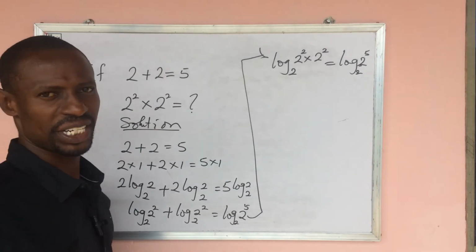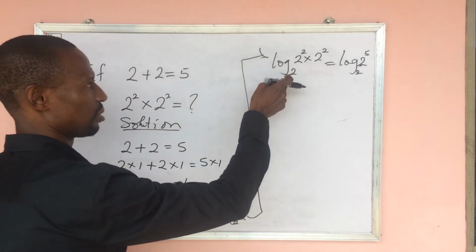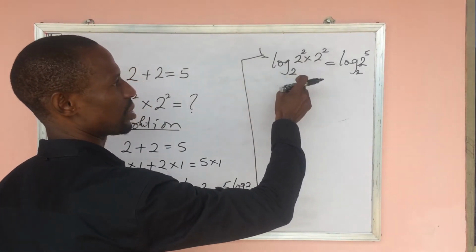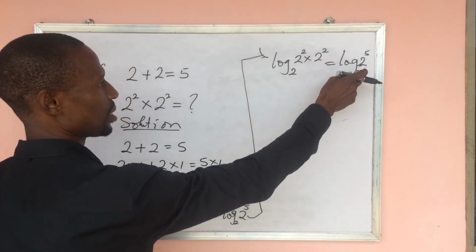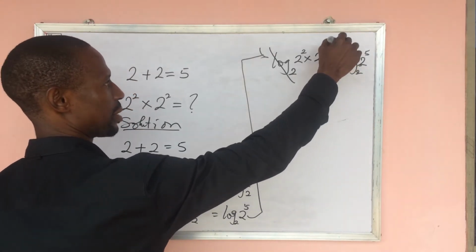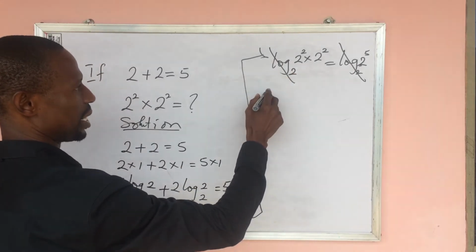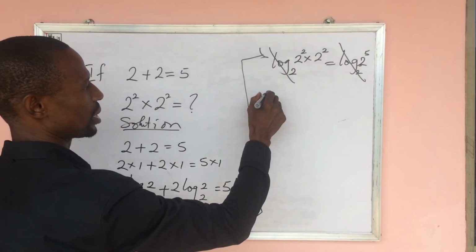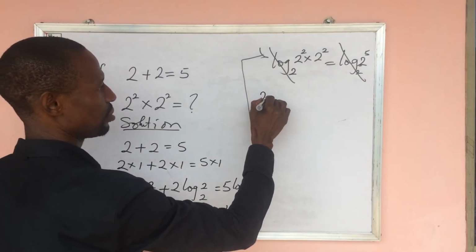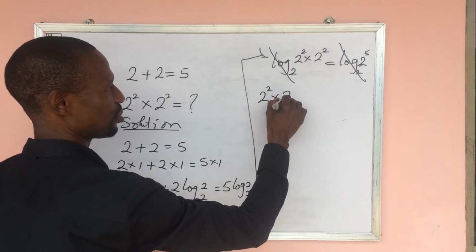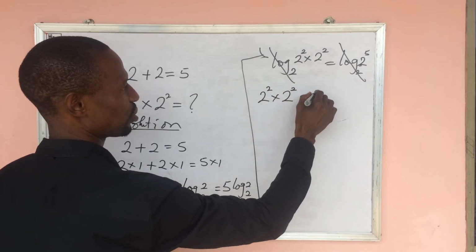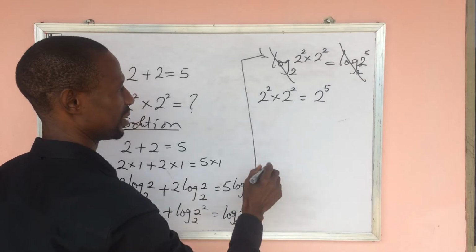Now something so special has happened here. This is log 2 base 2, and this is log 2 base 2. This can take care of this. So we are now left equating the powers. This now gives us 2 to the power of 2 times 2 to the power of 2 equal to 2 to the power of 5.